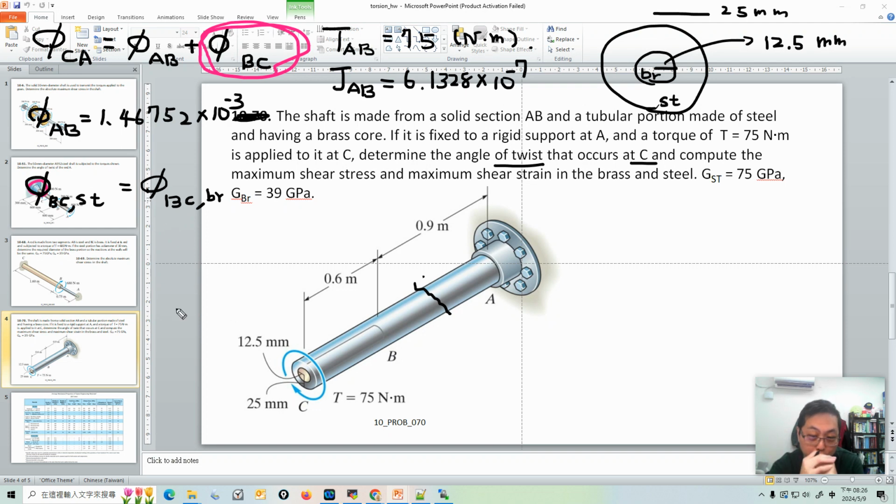Because they are a core-shell structure, when you apply a torque, they share the same angle of twist.